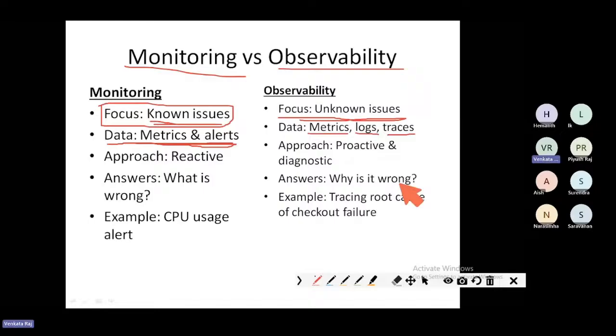Similarly, logs will be generated by your application. Logs are basically human readable, right? As human beings, as users from the different teams, you will go into the logs to find out if there is anything documented in the application so that you can find the issue. So you will analyze the logs, you will go through the logs.